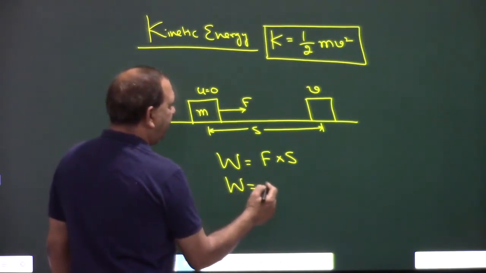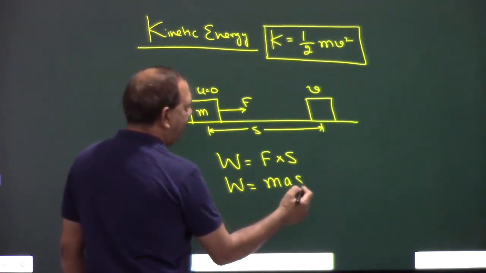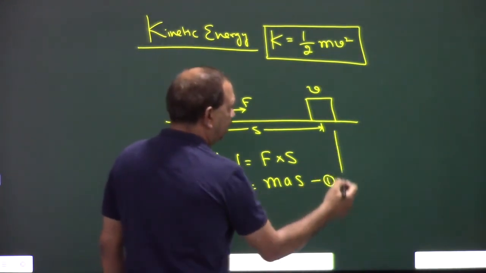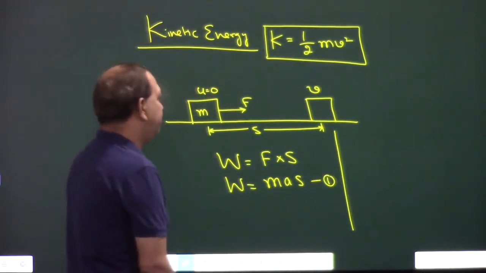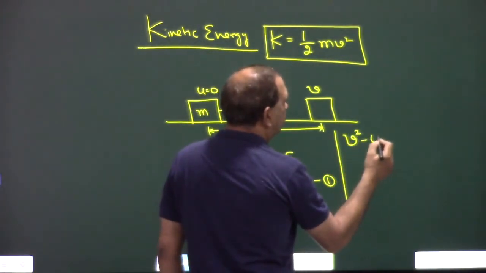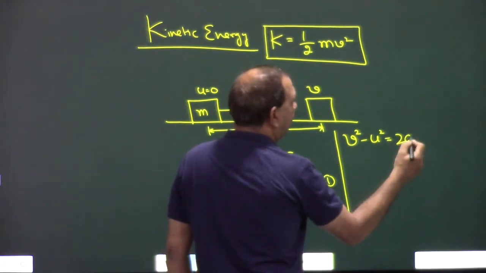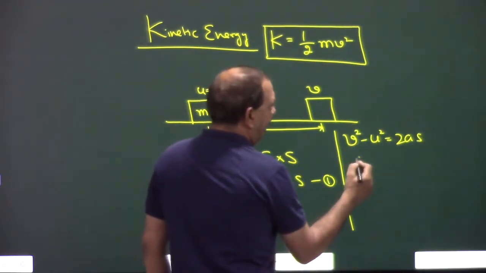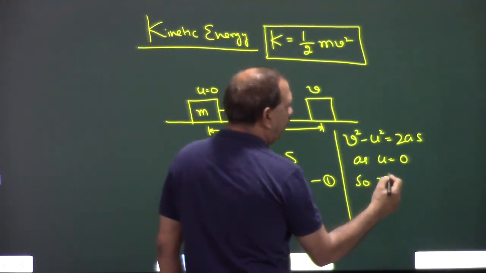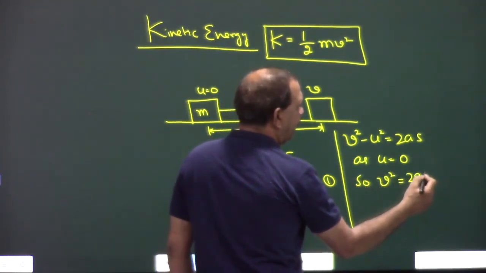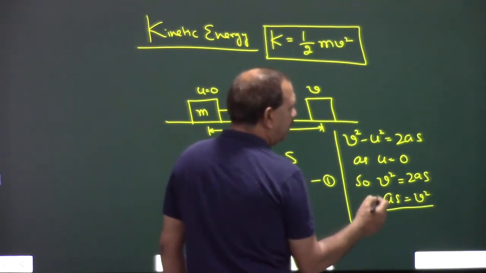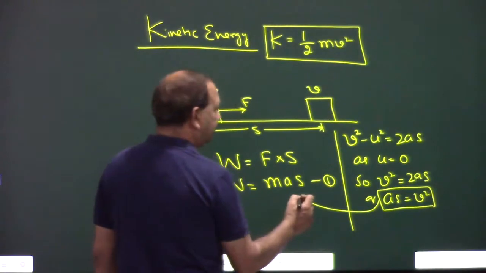The force we can write as m a. Now, using the equation of motion, v square minus u square is equal to 2as, as u is equal to 0, so v square is equal to 2as, or as is equal to v square over 2. Let me place this value here.